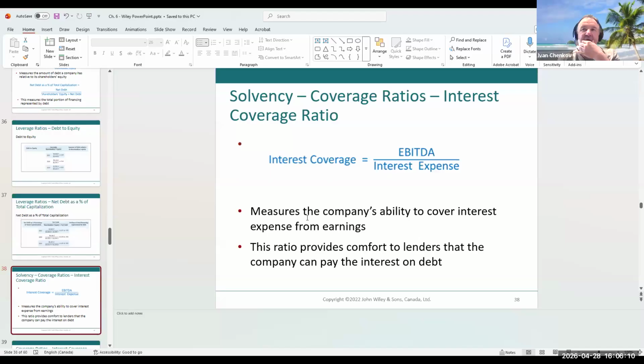This simply tells you how many times you can pay the interest expenses with the earnings before interest, taxes, depreciation, and amortization. That's EBITDA. It shows you if this company has the ability to cover the interest expenses.